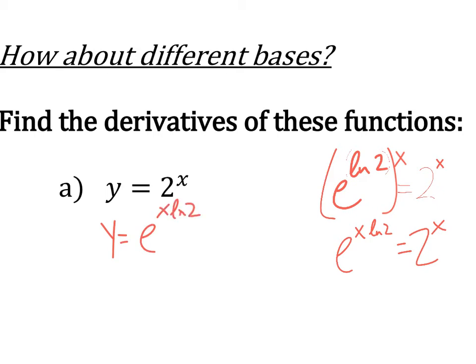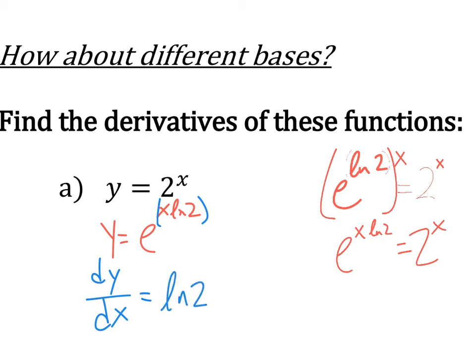So we've got this natural log of 2 hanging out, which, by the way, is just a decimal number. You can punch it in a calculator to find out what it is. Well, let's go ahead and find dy/dx. This is e to the u, so we have to find the derivative of the inside. What is the derivative of x times the natural log of 2? That's x to the first, by the way, so that's just the natural log of 2.